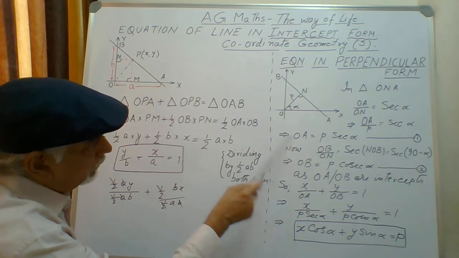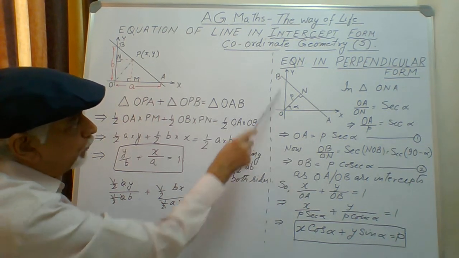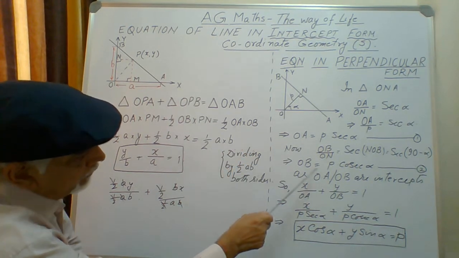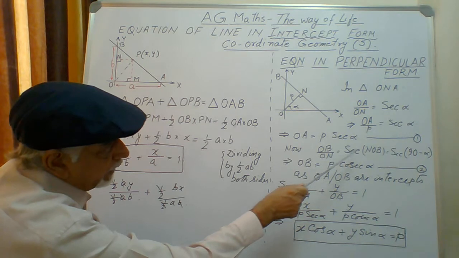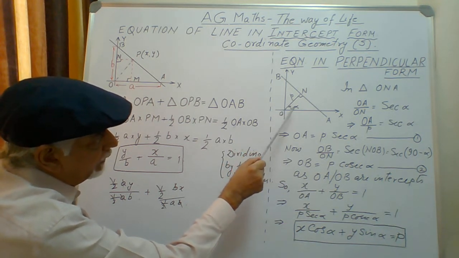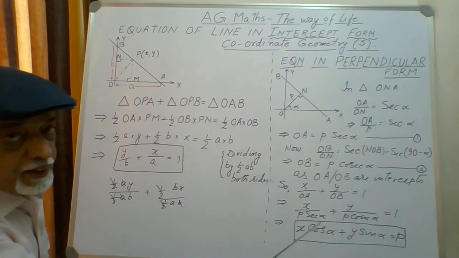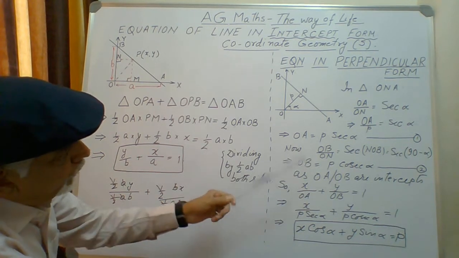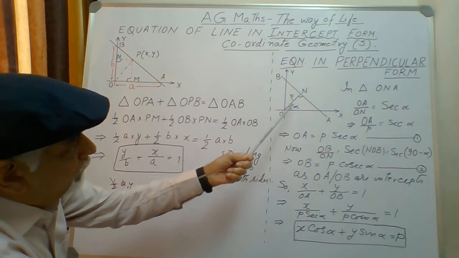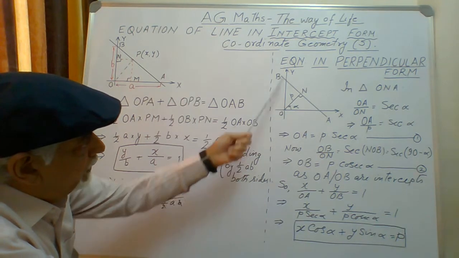Therefore, we are now talking about the triangle OBN. In triangle OBN, OB over ON. What is this? OB over ON is sec of NOB. This angle NOB is 90 minus alpha. So NOB angle I can write as 90 minus alpha. And what is OB by ON? For this angle, ON is the base, OB is the hypotenuse.